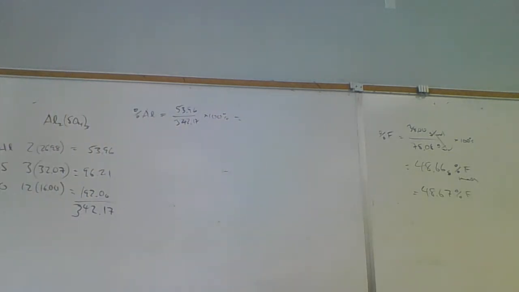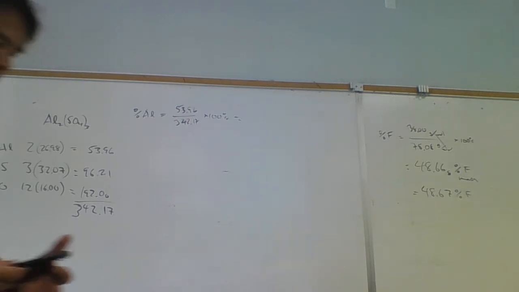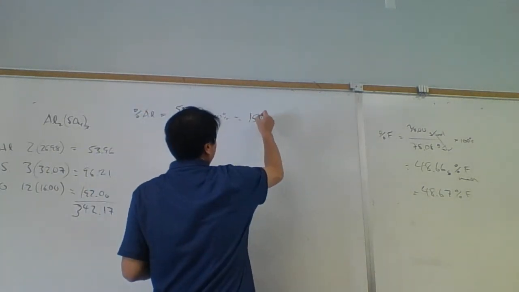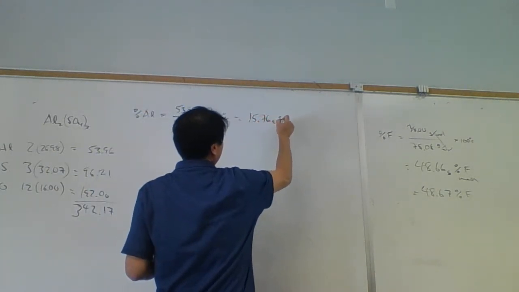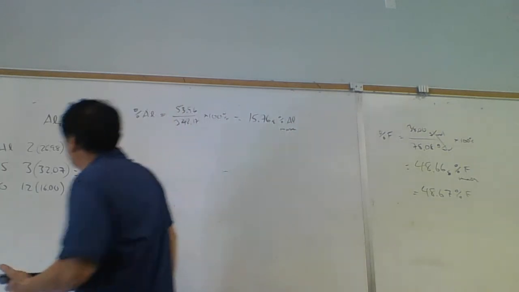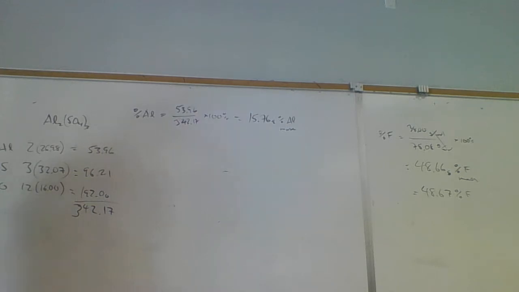So 53.96 divided by 342.17. 15.769. 15.769% aluminum by mass. Okay.